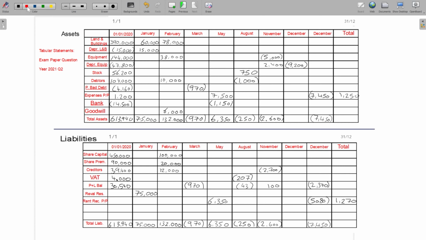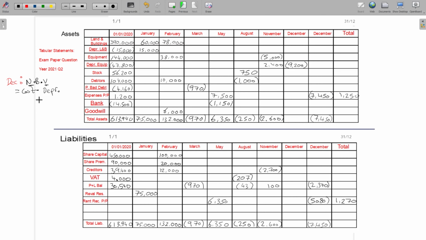So land and building might be a bit tricky. So we'll look at the December. So we revalue, so it's net book value. So net book value, that's cost minus depreciation. So how much it's actually worth. It's net value.